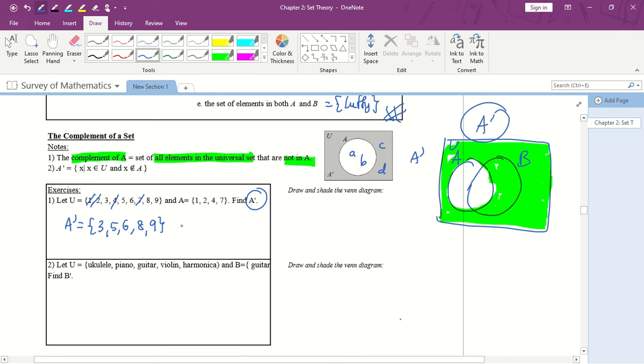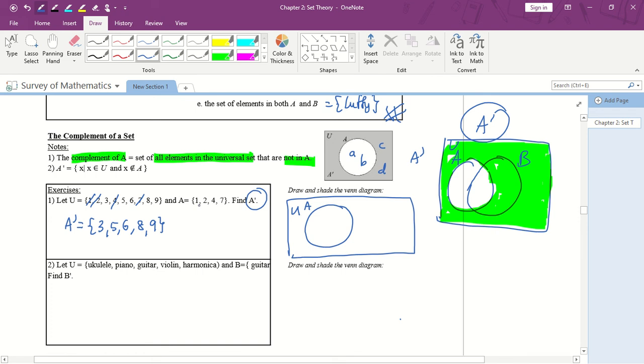And of course, the question requires you to draw a Venn diagram and shade it. This is the universal set, and we have a set A here. Remember, when we put elements inside, we put the things inside the set first.